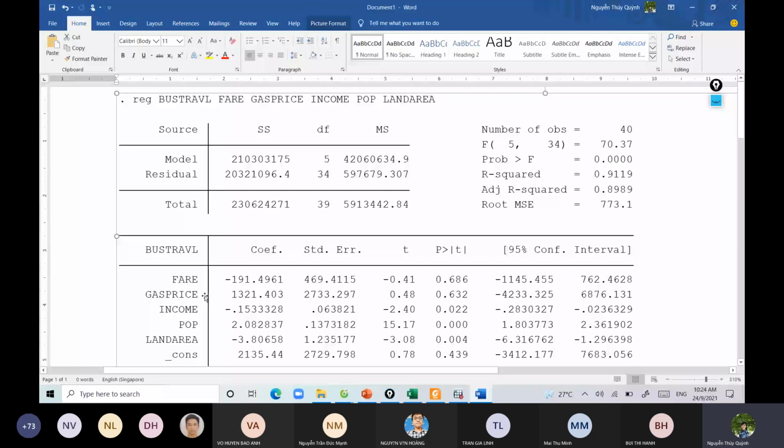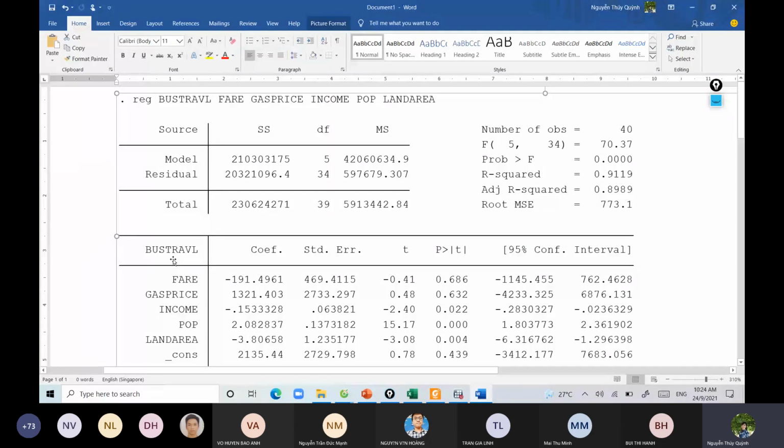Which means that these independent variables, fare and gas price, have no individual effect on our dependent variable here, that is bus travel.